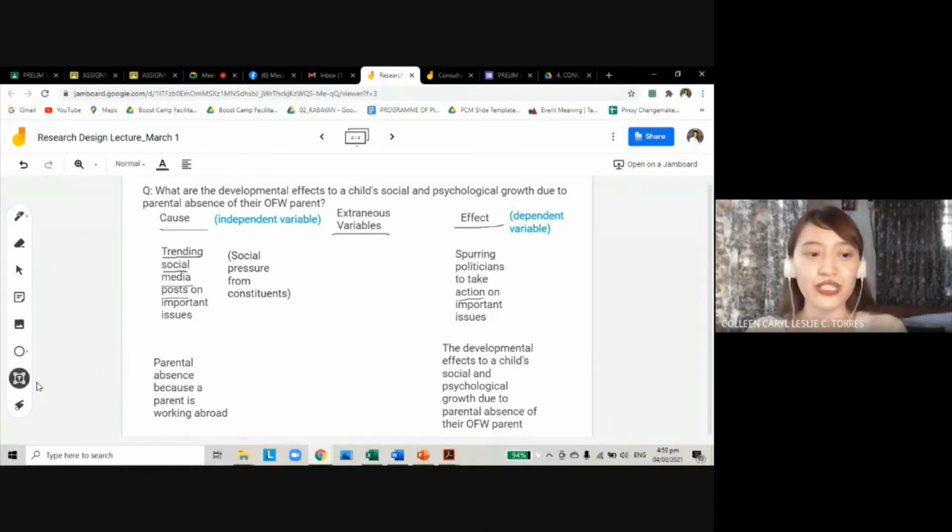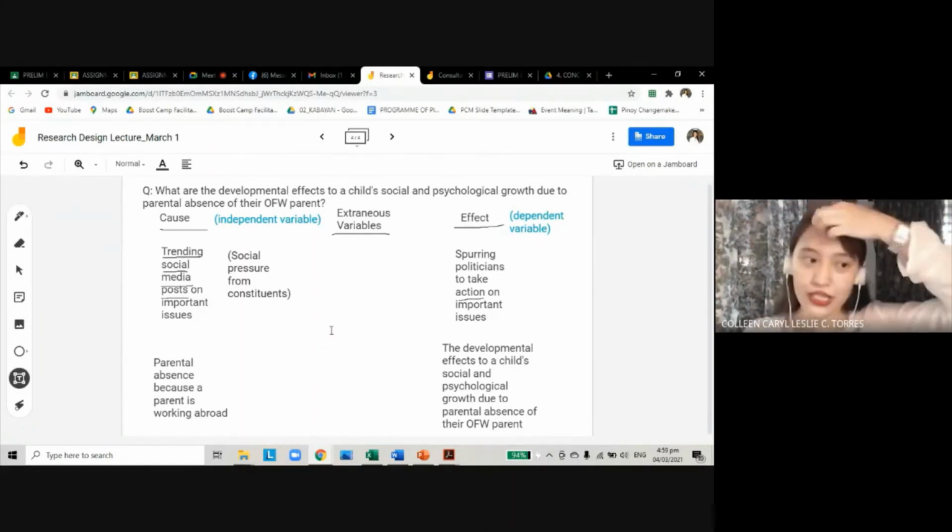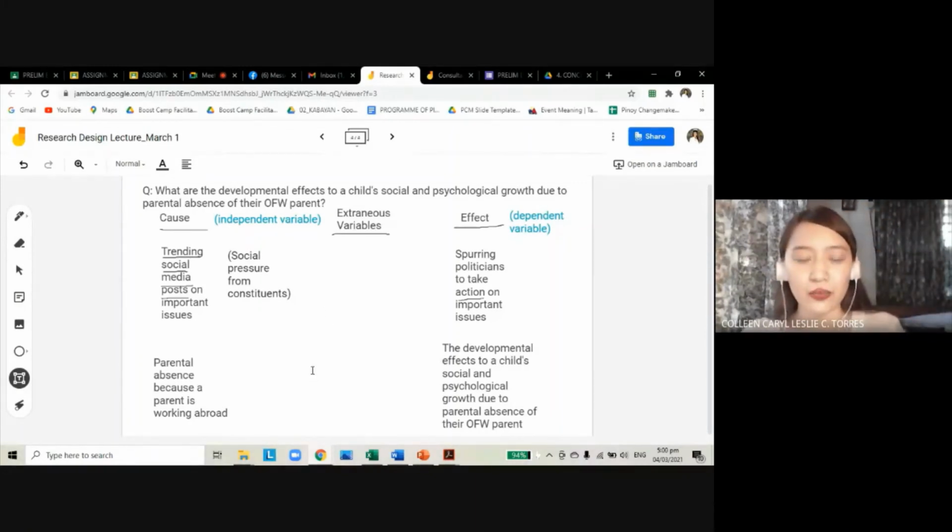So take, for instance, here, in the second example, unsa pa may lain things na maka-affect sa growth sa bata. Dili ra man gid ang parents absence, di ba? Kay basin di ay religious ang bata, no? Religion or presence of another parent figure.